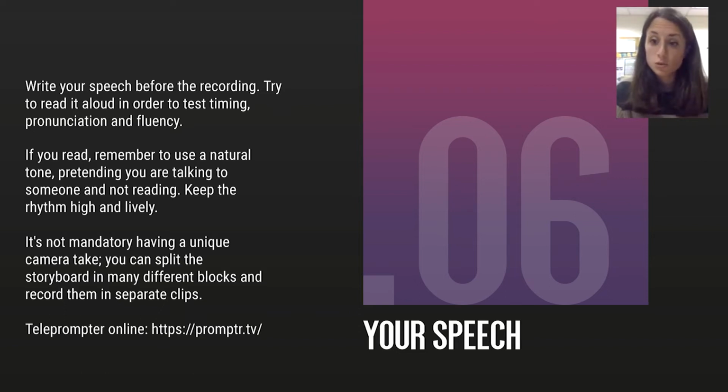And then we also suggest there are many tools online. If you check online, you will find lots of them. I'm going to show you now this one that is really nice.